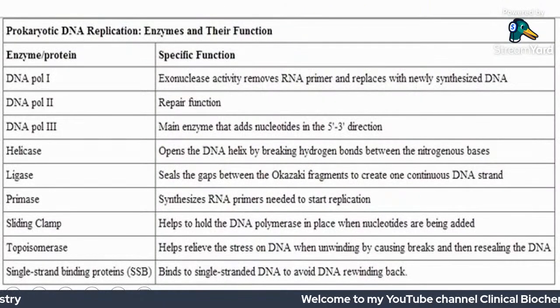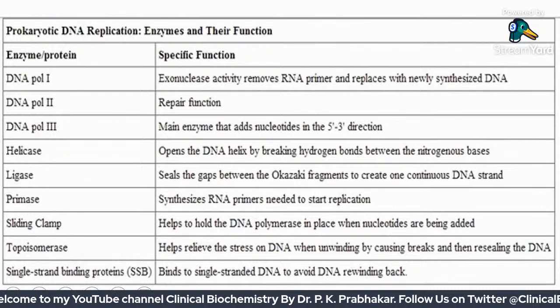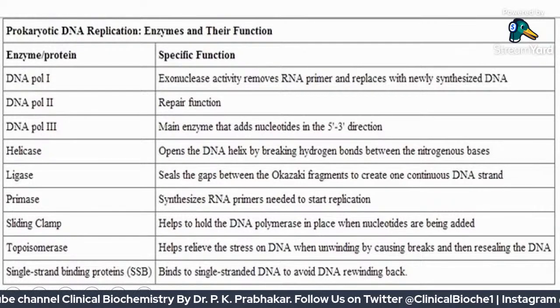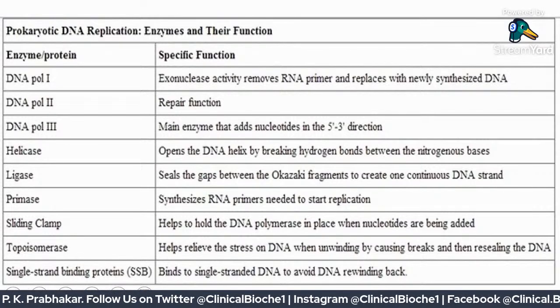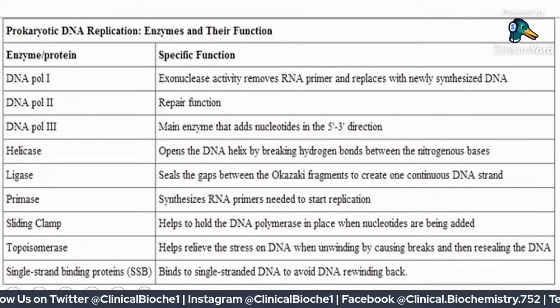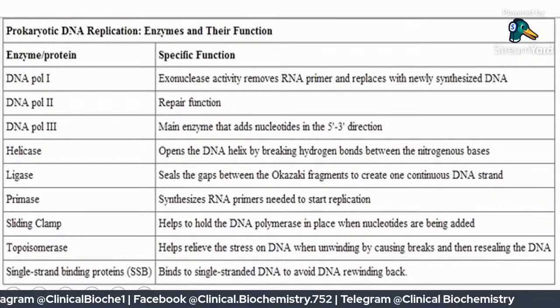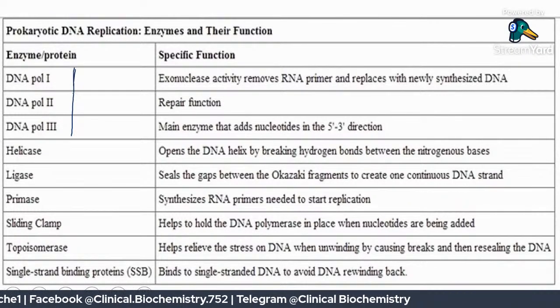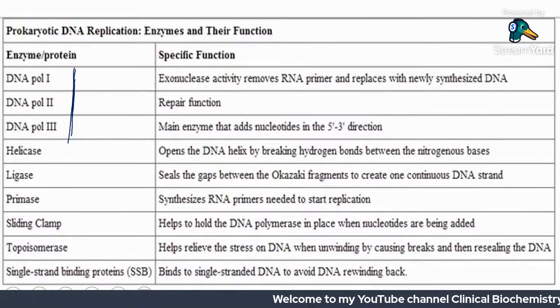There are many enzymes, components, and proteins involved in this process. I'm just going to tell you some names, and later when you see the functions and how we use these enzymes, you will remember and understand. In bacterial cells we have three different DNA polymerases. DNA polymerases are enzymes that add nucleotides to the DNA and elongate the DNA chain.